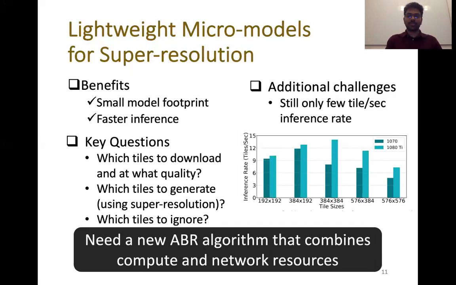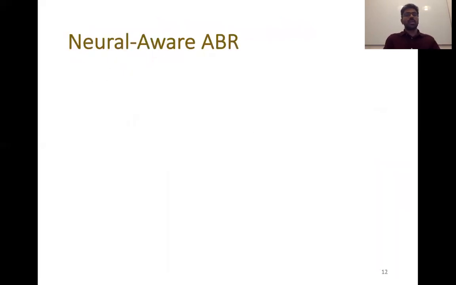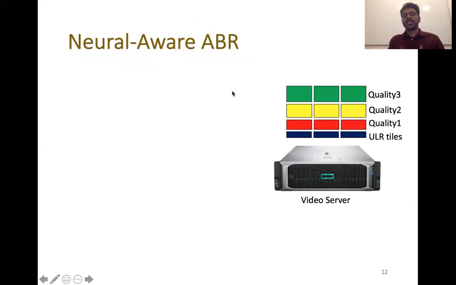So to do that, we propose our second contribution here, a neural aware ABR algorithm. What this does is it optimally combines the compute and network resources and answers the aforementioned questions. To give you a high-level idea, here is how our neural aware ABR algorithm works. The server has these different tiles in different qualities, and along with this, we have our ULR tiles as well.